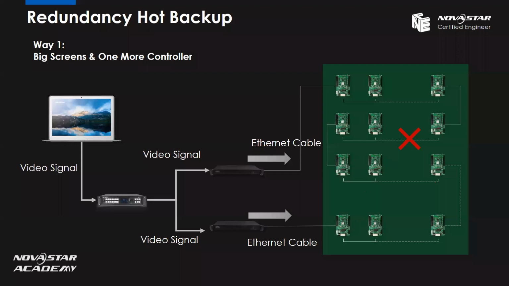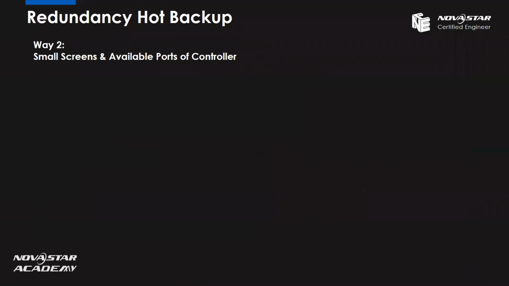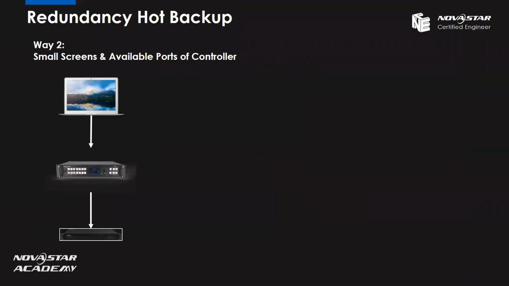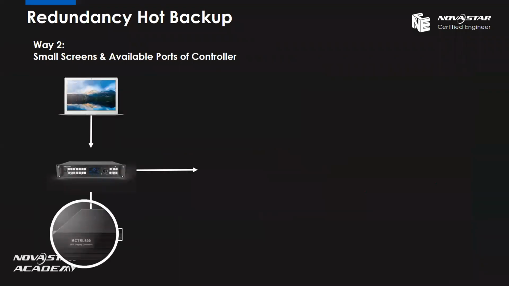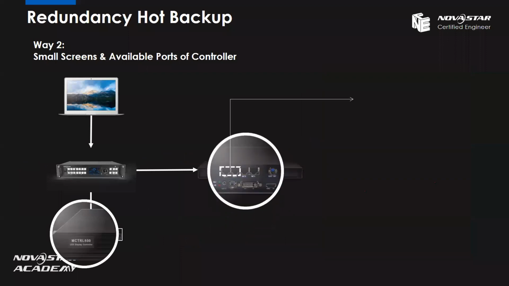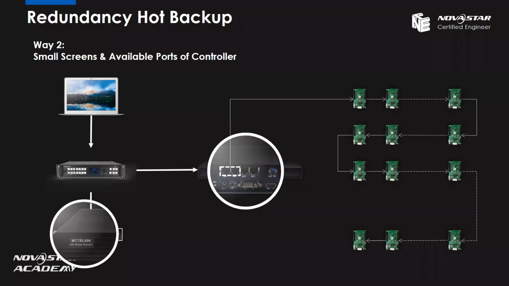Also, in this chart, we are using two controllers for the screen, because the screen may be too big, and we need all the ports of this controller to load the screen. But in the second way, if we have a small screen like this one, we can use only two ports to load the screen, and on the MCTRL 600 we still have two more available ports.